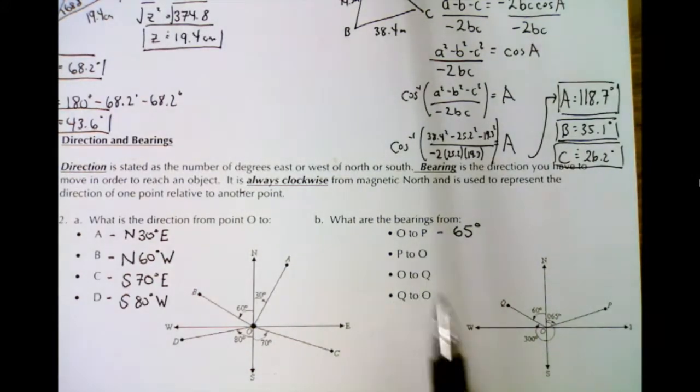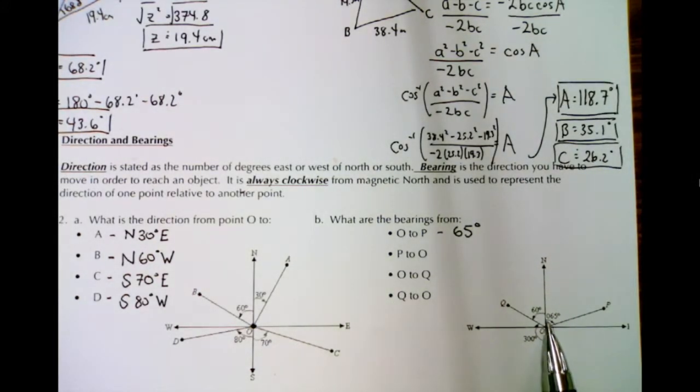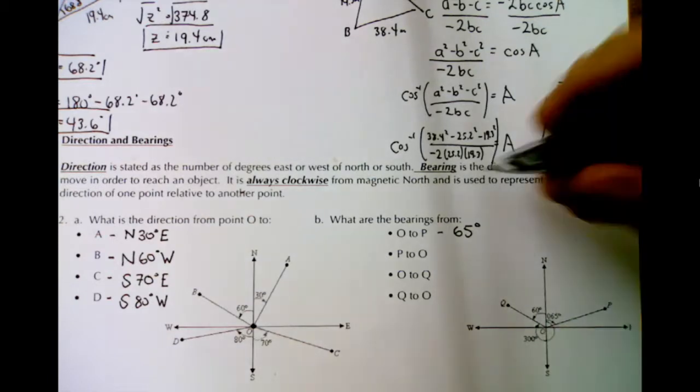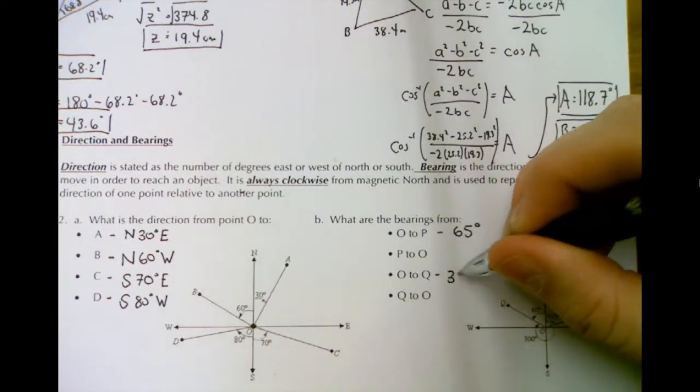O to Q, from O directly north, we would have to rotate all the way around, and it's always in a clockwise manner. And that would take us 300 degrees around until we got to Q. So O to Q is 300 degrees.